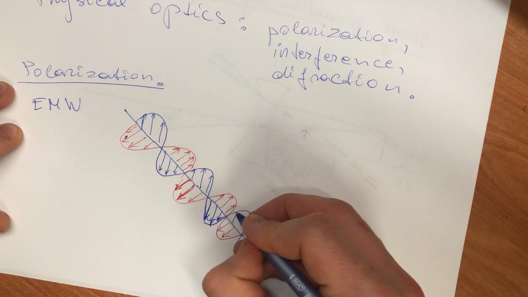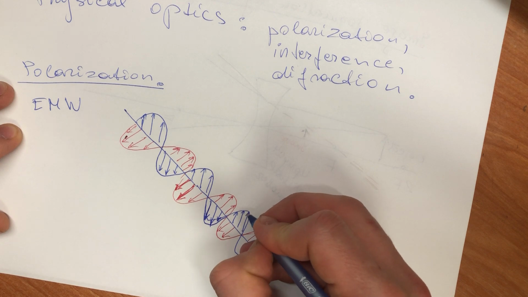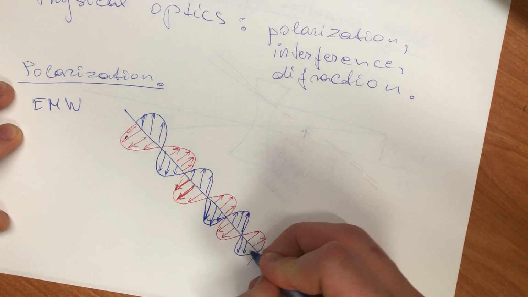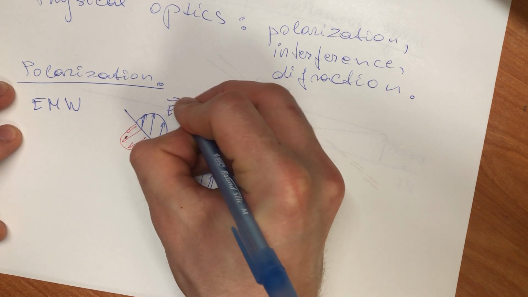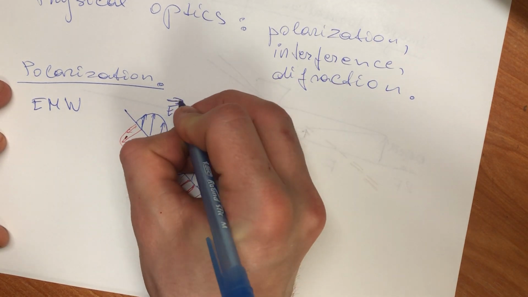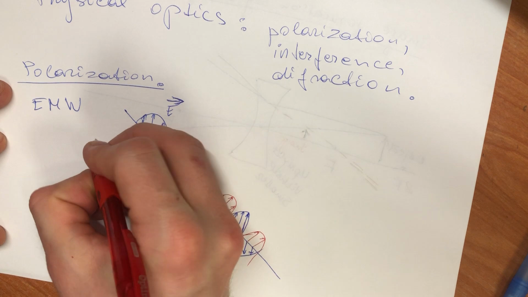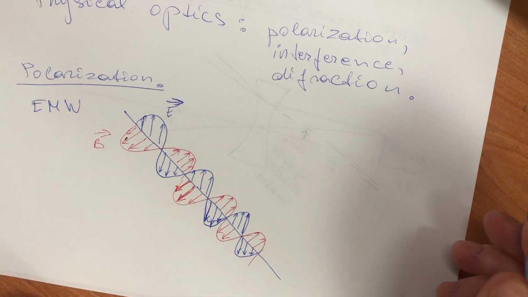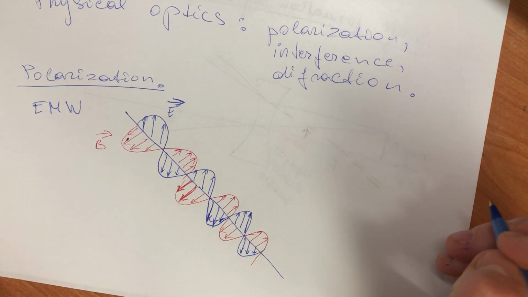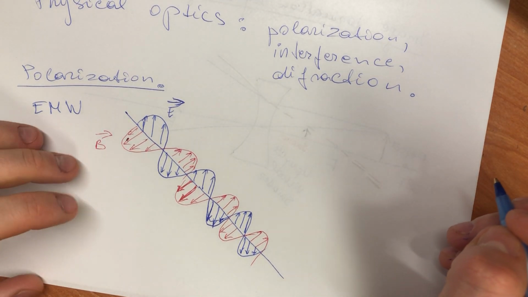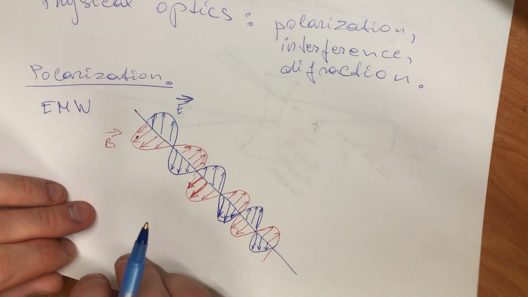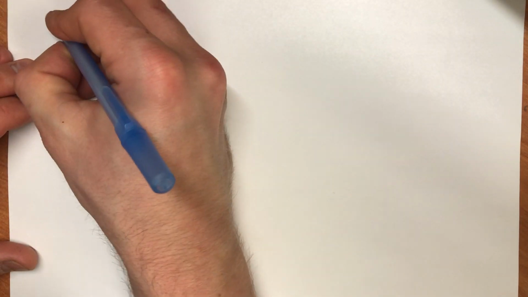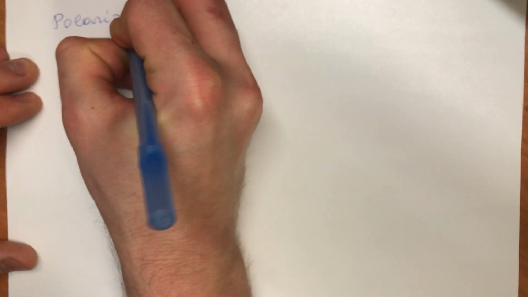So what happens is that the electric field and magnetic field are oscillating and they are perpendicular to each other. So now how to better illustrate this polarization of light.